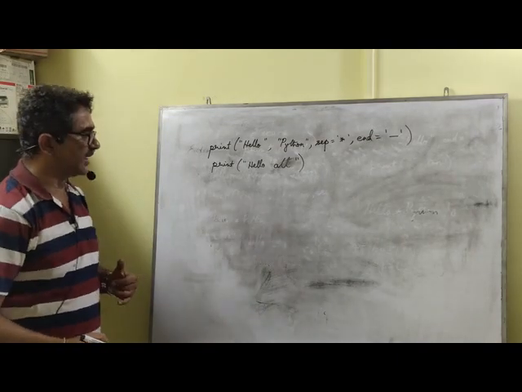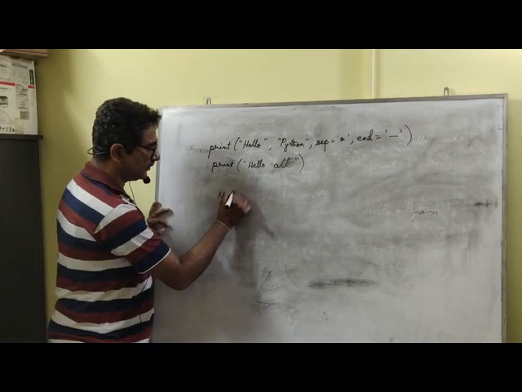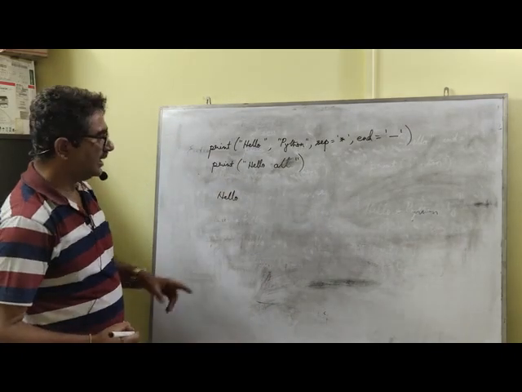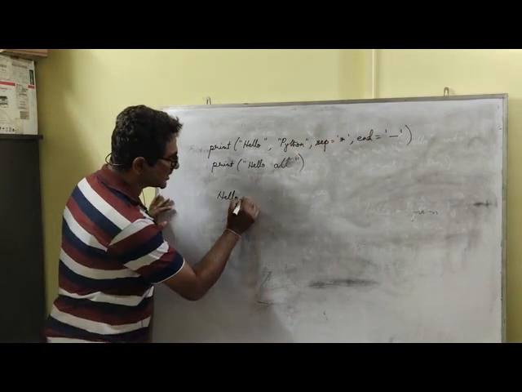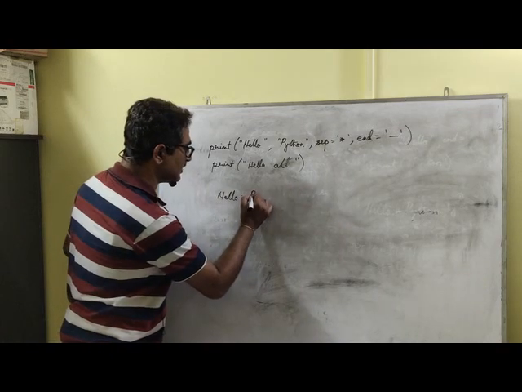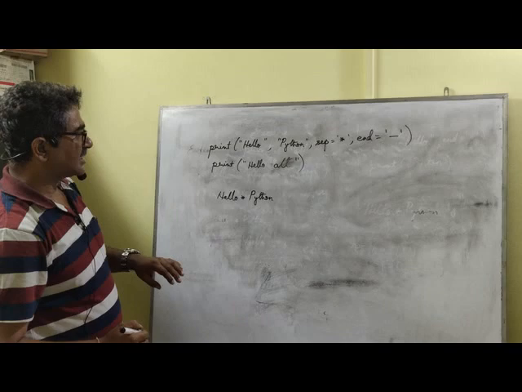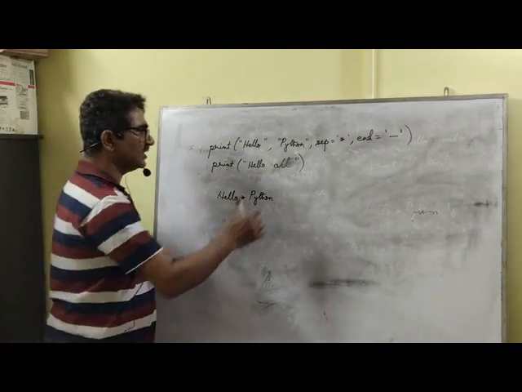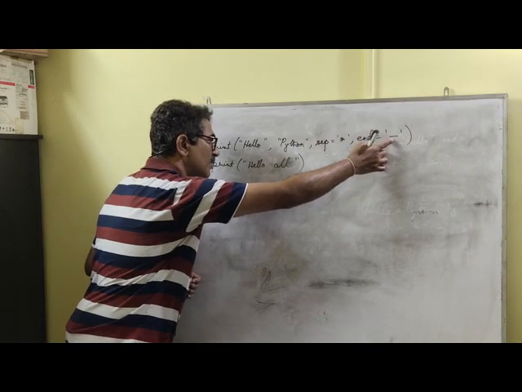Now what is it going to display? It's going to display first the word hello, followed by Python, but before that, what is the separator? Star. So it's going to display a star over here. And next, it's going to display the word Python. Next, we have the dash over there, because that's used to mark the end of it.